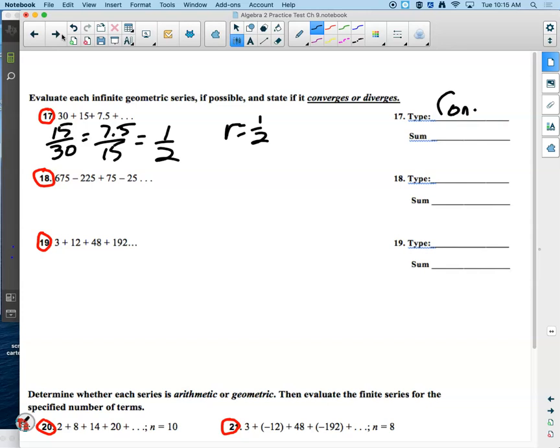Remember, C's for a grade are better than D's. Converges are what we want to see because then we can actually find it. But I think I need a special formula for that. Which one? The little baby one that we just did yesterday. S equals a sub 1 over 1 minus r.